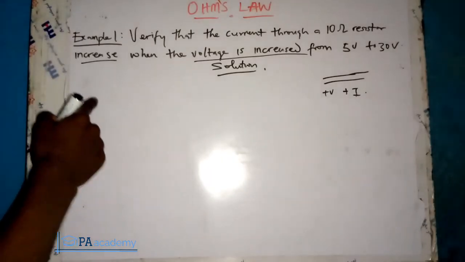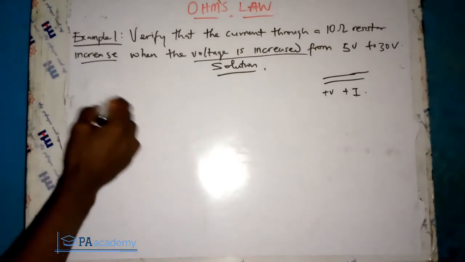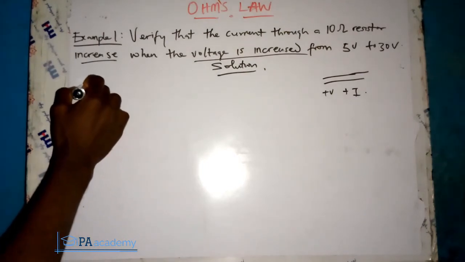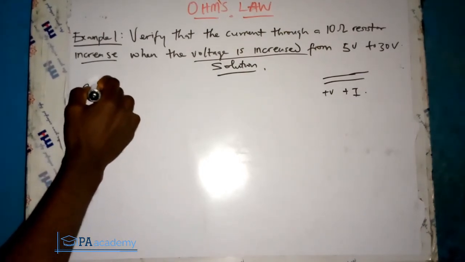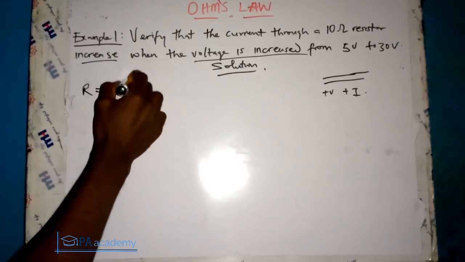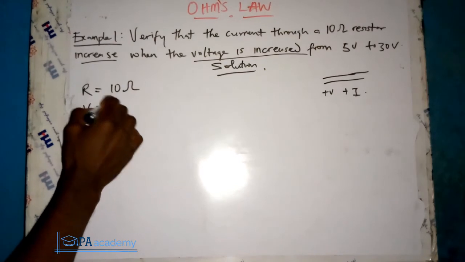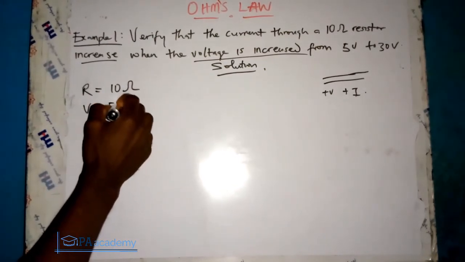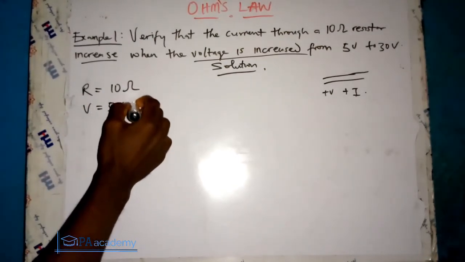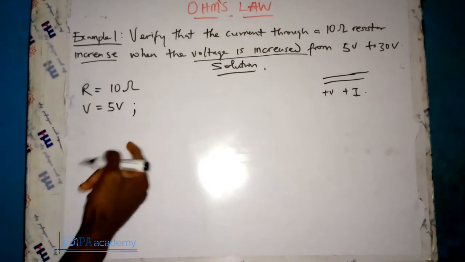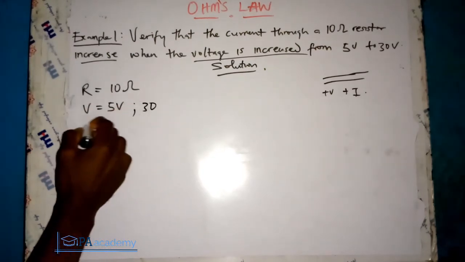First, let's bring out the parameters. We are given that the resistance of the resistor is 10 ohms. The voltage is 5 volts, and then it was increased to 30.